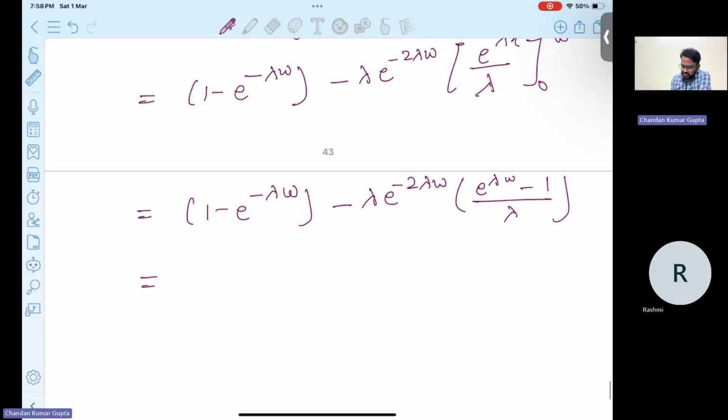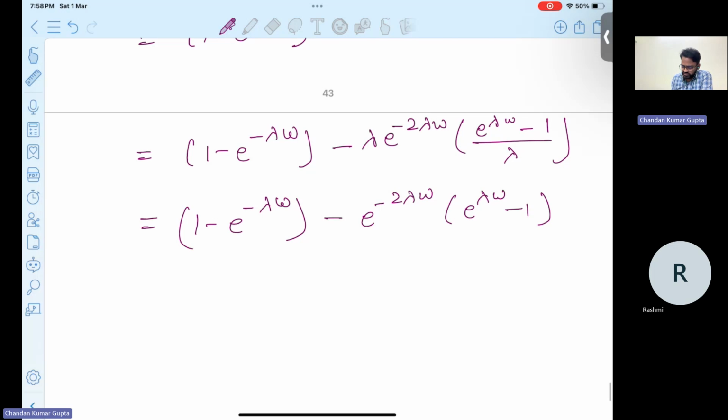Okay, so 1 minus e to the power minus lambda w is here, minus lambda will be cancelled out, e to the power minus 2 lambda w, and here e to the power lambda w minus 1. Okay, so e to the power minus 2 lambda w is there.